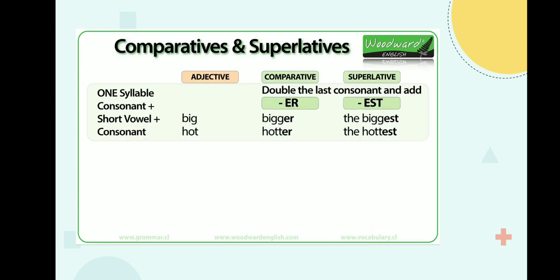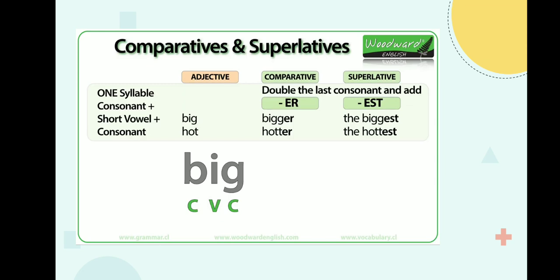When an adjective has one syllable and ends in a consonant plus a short vowel plus a consonant, such as big and hot, we double the last consonant and add er for the comparative and est for the superlative. For example, big ends in a consonant b, a short vowel i, and another consonant g.